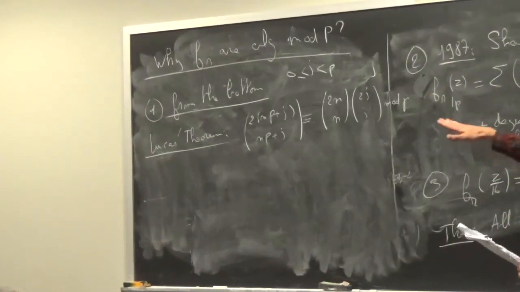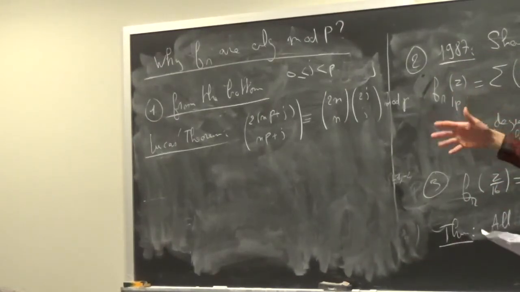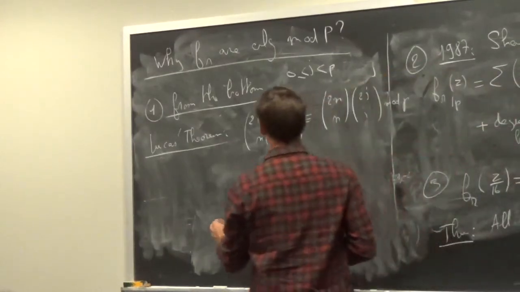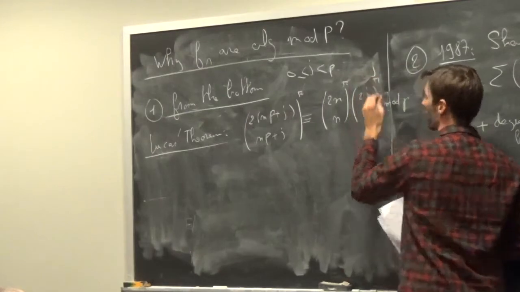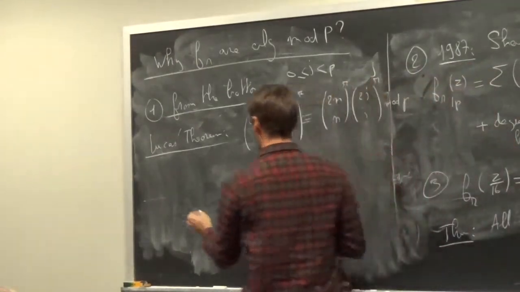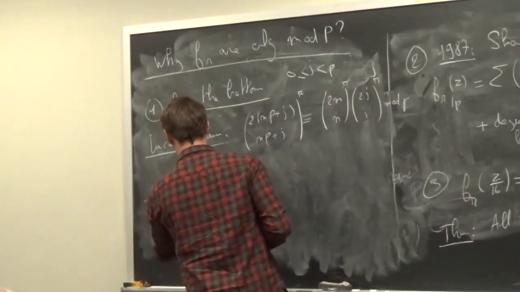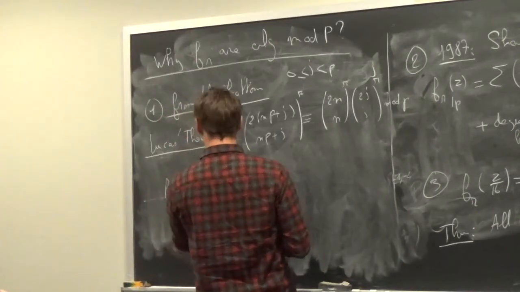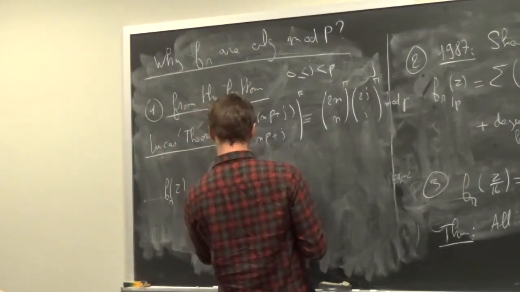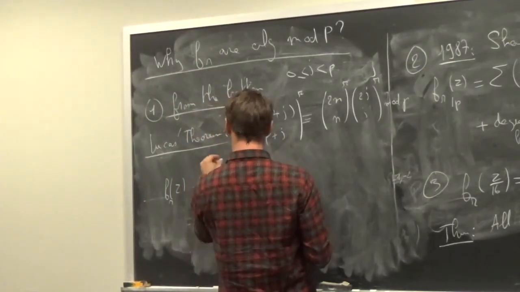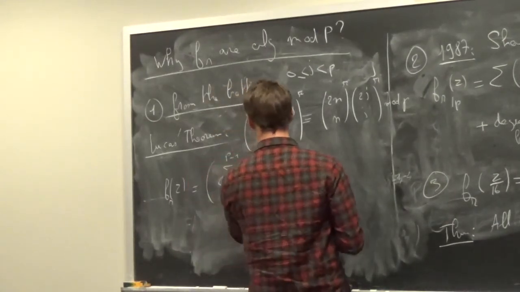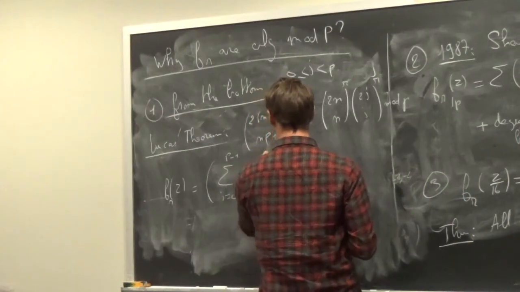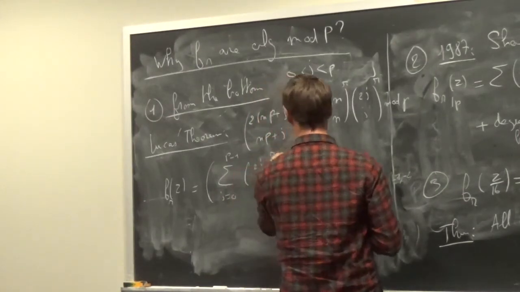And if you look at the effect of this on power series, of course, this remains true if you put an r here. And what you get is that fr of z, you can write it as a sum from j equals 0 to p minus 1 of the binomial terms times z^j.